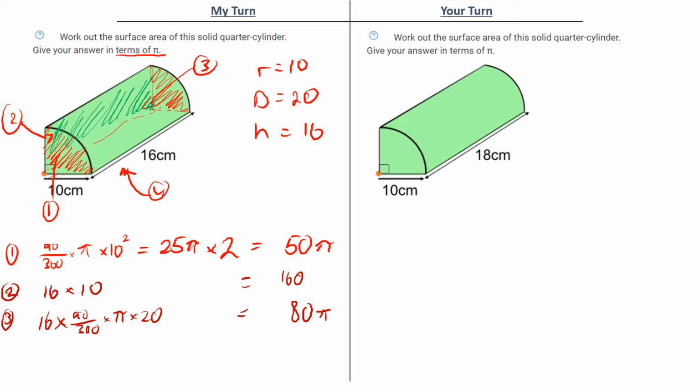Right, and then finally the one underneath, number 4. We've got 10 times 16 again, which is 160. Now, how are we going to add those?